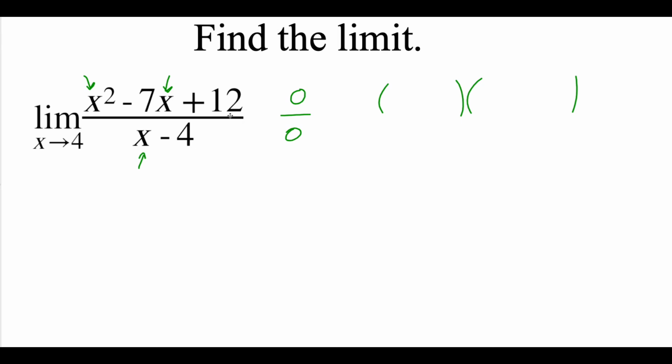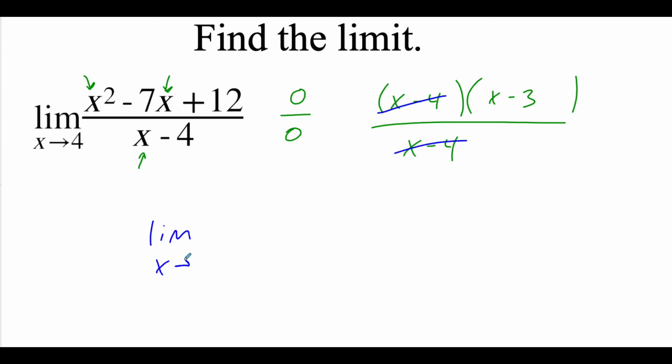So looking at what we've got, multiplying to 12, adding up to -7, that's going to be (x minus 4) and (x minus 3), and our denominator is still x minus 4. So I notice that those x minus 4s are going to cancel out. So now we can do the limit as x approaches 4 of just x minus 3. And then I can direct substitute that 4 in for the x, and the limit ends up equaling 1.